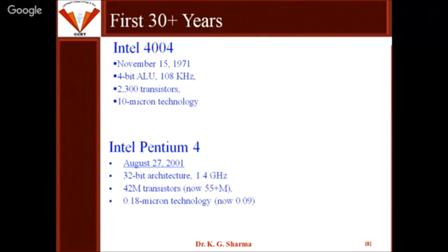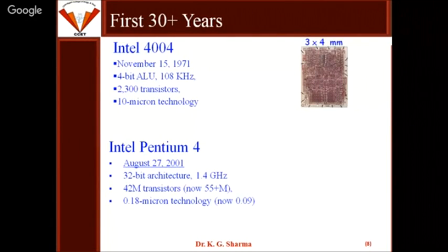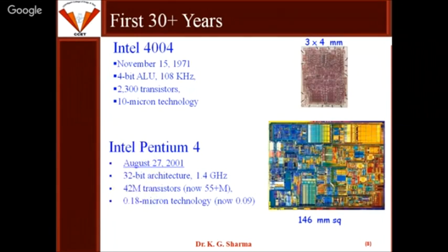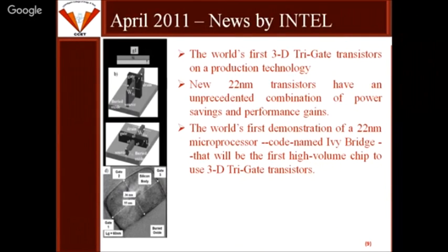Now, the recent technology is on 16 nanometer and 10 nanometer also. Earlier the chip size was 3 by 4 mm, and then in the Intel Pentium 4 it was a 146 square millimeter IC. So in April 2001, news came out from Intel that the world's first 3D tri-gate transistors were on a production technology, and the new 22 nanometer transistors have an unprecedented combination of power saving and performance gains.